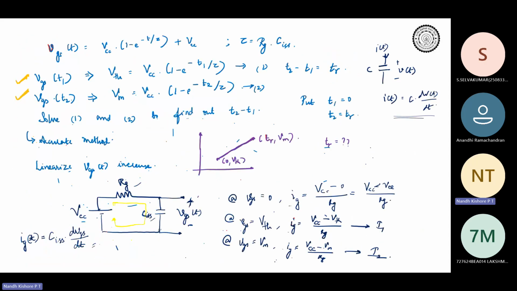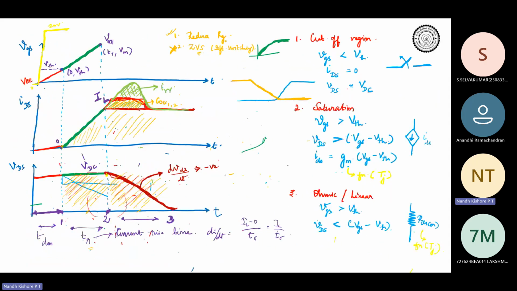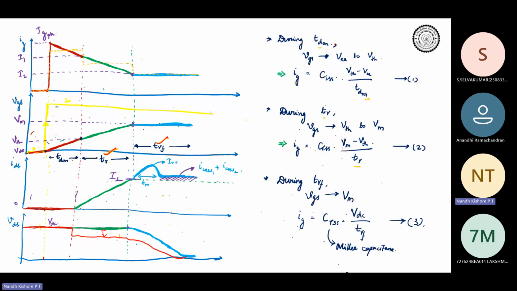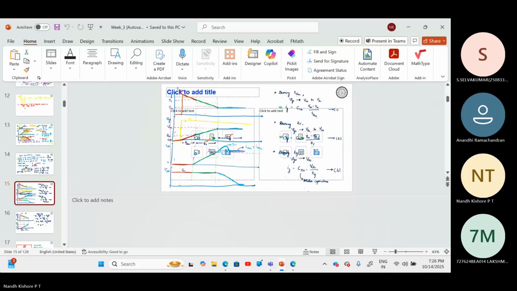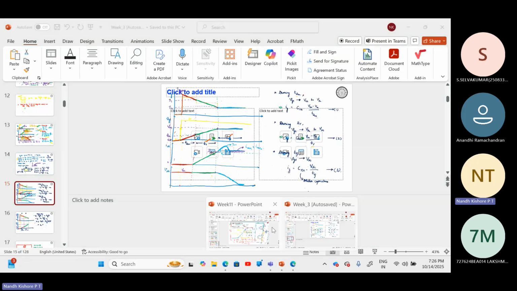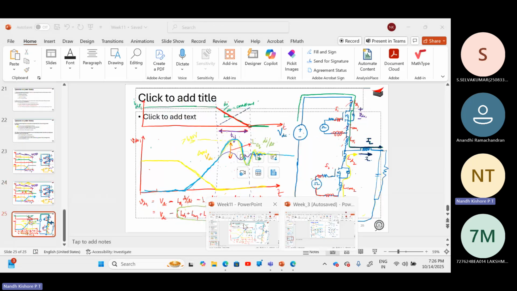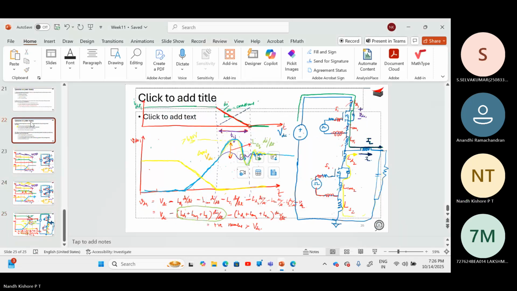This particular drop is equal to L di/dt. Just the opposite. During turn off, you will see that there is voltage overshoot. During turn on, there will be a voltage undershoot. Fine. So these were questions on power density.